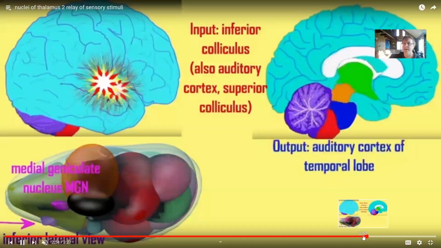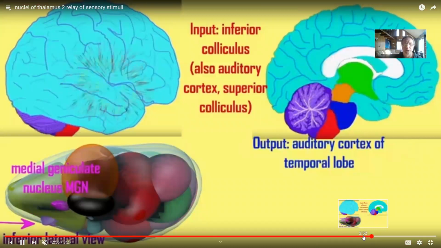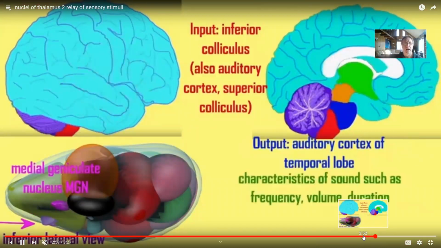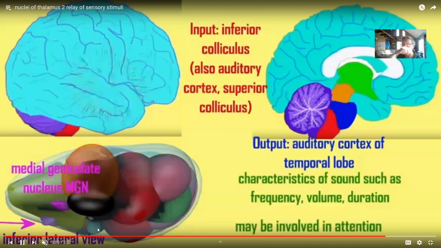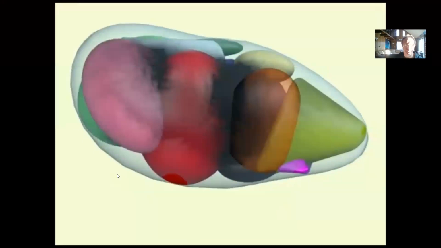So these nerves then come into the thalamus. And so the thalamus helps to relay other information as well. There's what's known as the medial geniculate nucleus of the thalamus relaying sound information. There's the lateral geniculate nucleus relaying visual information.